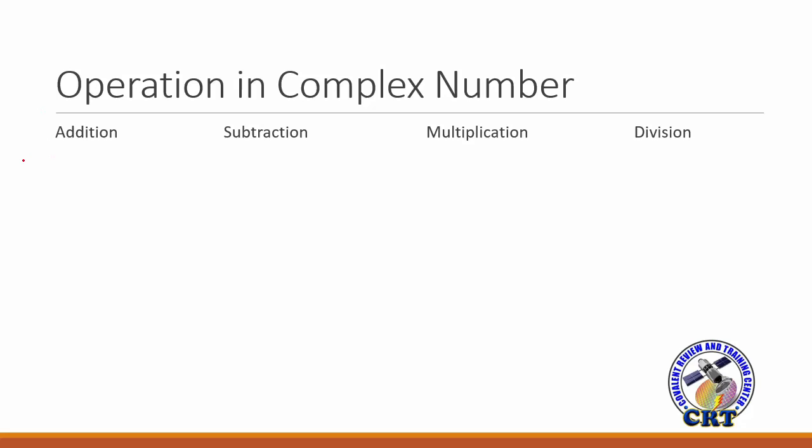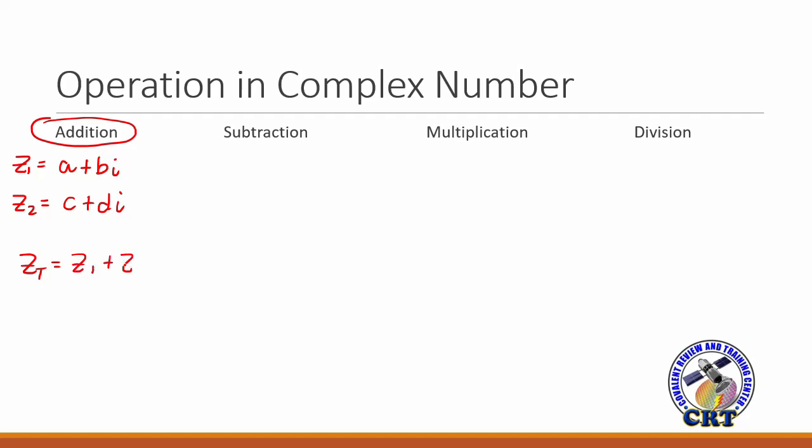Like for example, let's say we have z1 equals a plus bi, and z2 equals c plus di. So to perform the addition, for example, z total equals z1 plus z2.